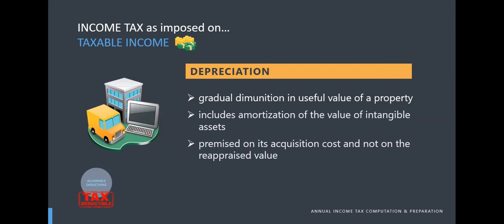The basis of depreciation is not the 600,000, but the original cost of the machinery, which is the 500,000. So that's why it is premised on acquisition cost. The tax law is based on cost and not on the appraised value.